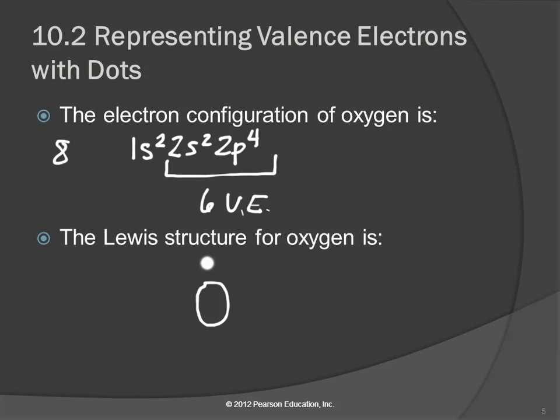So 1, 2, 3, 4, 5, 6. That's the Lewis symbol for oxygen. We're only looking at the valence electrons, because those are the ones that are involved in bonding. The core electrons just stay there on the inside and don't do anything. They're like couch potatoes. Any questions?